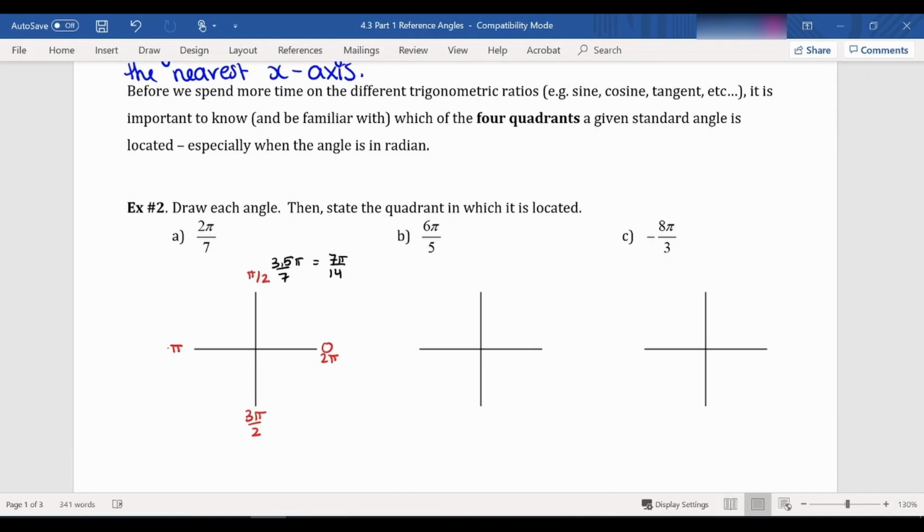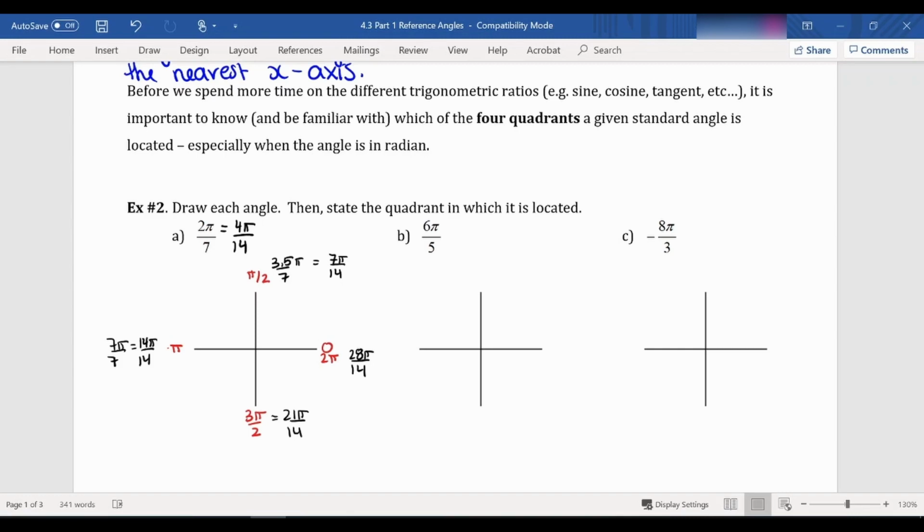And then the pi would be 14 pi over 14. 3 pi over 2, this would be 10.5 pi over 7, or this would be 21 pi over 14. And 2 pi would be 28 pi over 14. Because my common denominator between the red values and the value I was given would be 14. So this is the same as saying 4 pi over 14. Okay? And then this can help me figure out what quadrant to put this in.